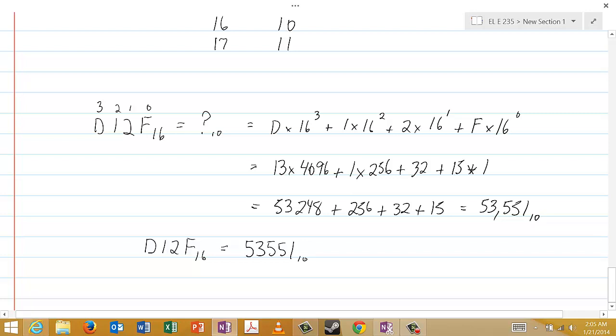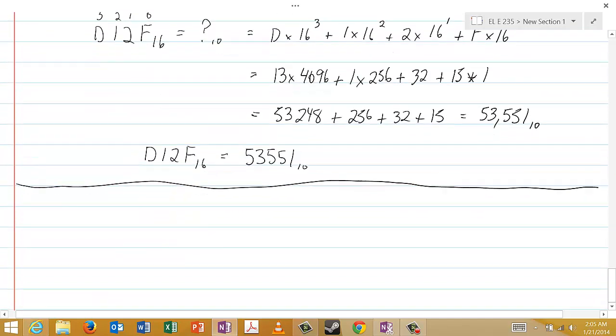Now, we could check this. Since this number is so big, it would be a little tedious to check. So let me give you a somewhat easier example, and I'll show you an easy way to check it.